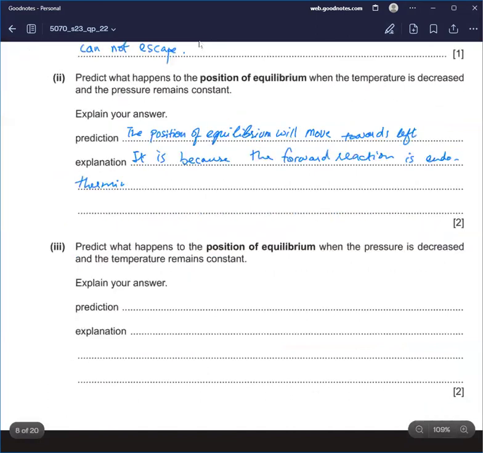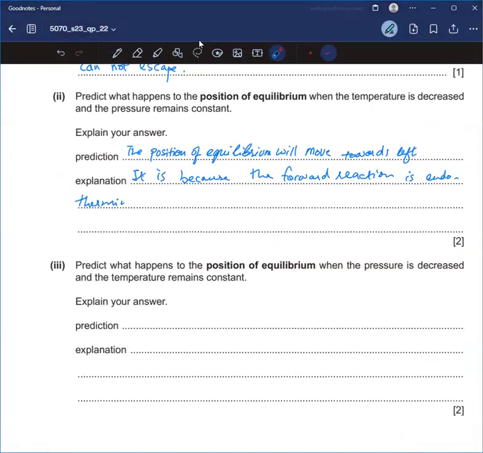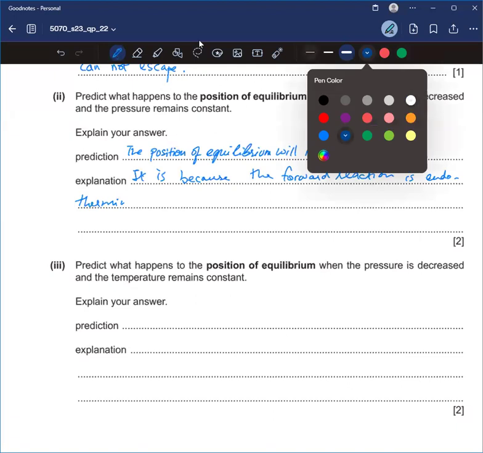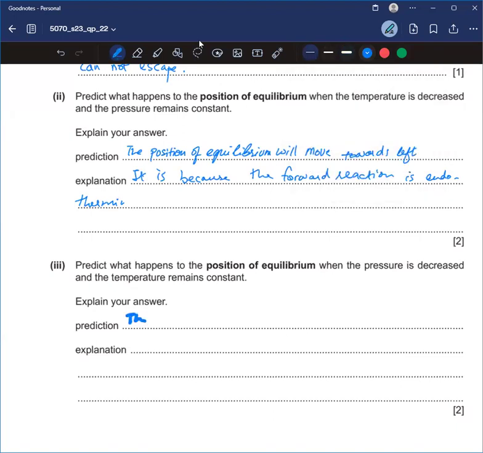So what we'll write: the position of equilibrium will move towards the right.